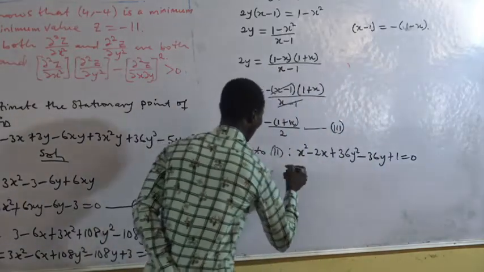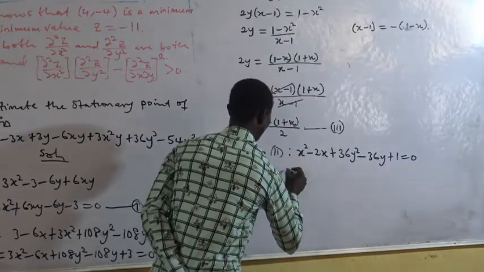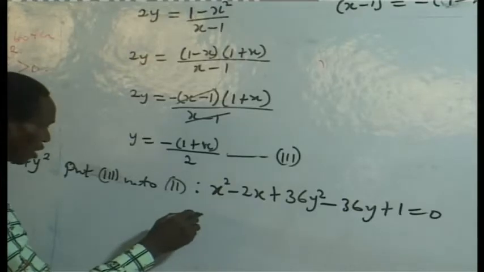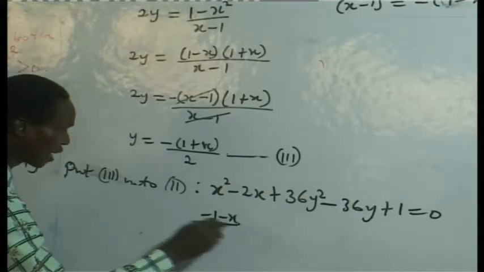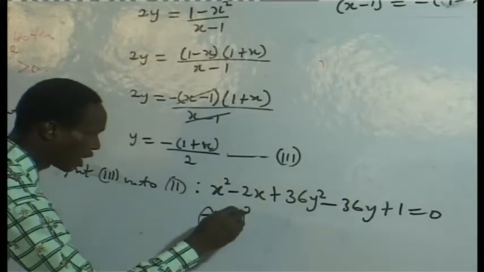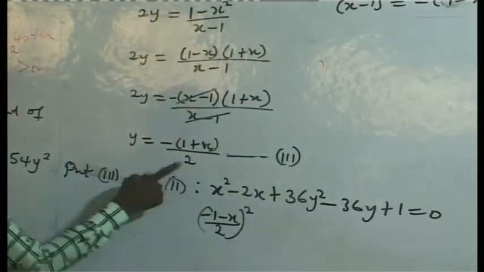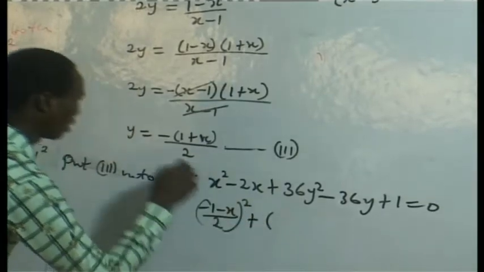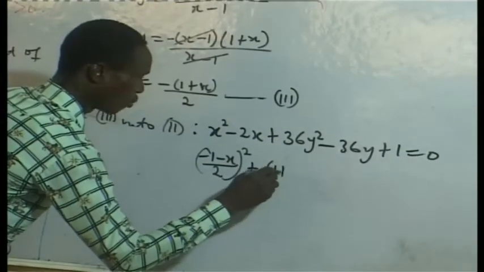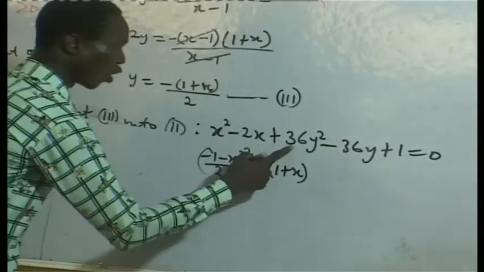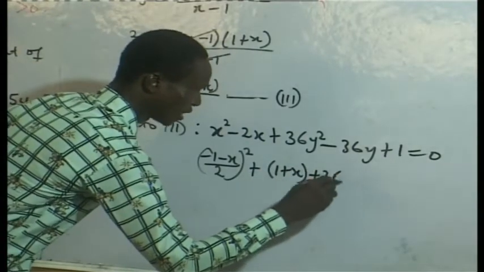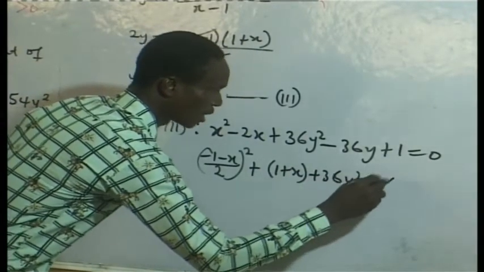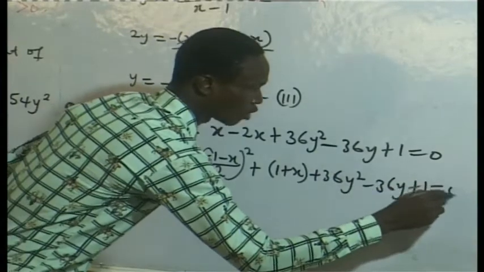Now let me put my x. This one will be minus 1 minus x over 2, squared. These 2 will divide these 2, and this minus will change this one to plus 1 plus x. This one plus 36y squared minus 36y plus 1 is equal to 0.